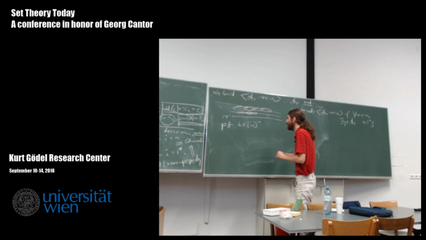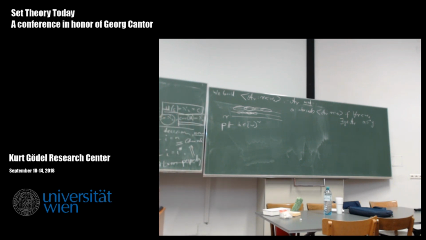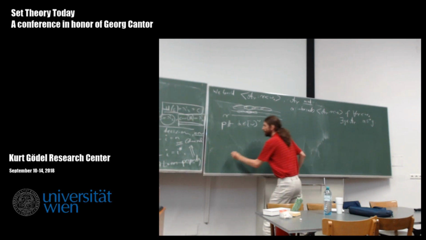Now we look at the dominating real added by this, so the dominating real read off from the generic tree. And let me draw a picture.